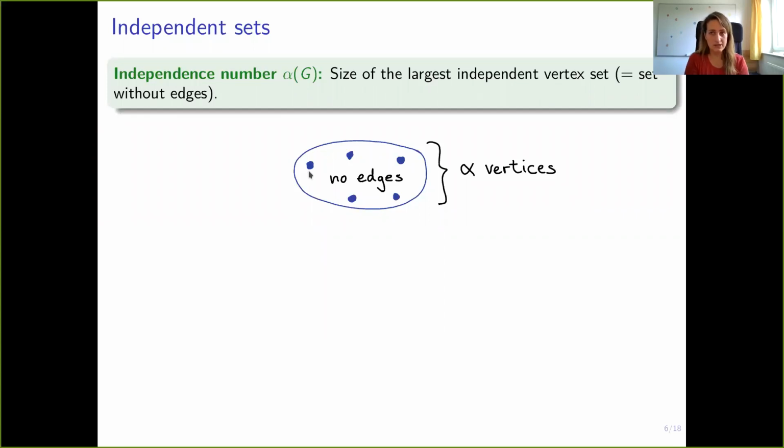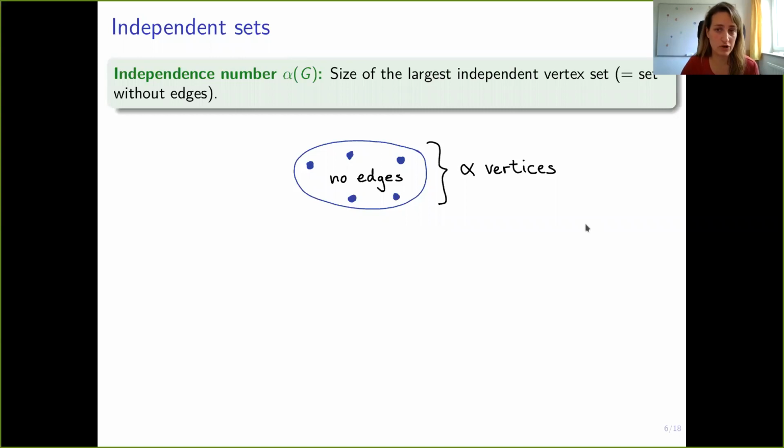In a coloring, by definition, every color class, all the vertices of one particular color, is an independent set because you can't have any edges where the endpoints have the same color. That's why independent sets are interesting when you study the chromatic number. The independence number of a graph is the size of the largest independent vertex set, and we denote that by alpha.